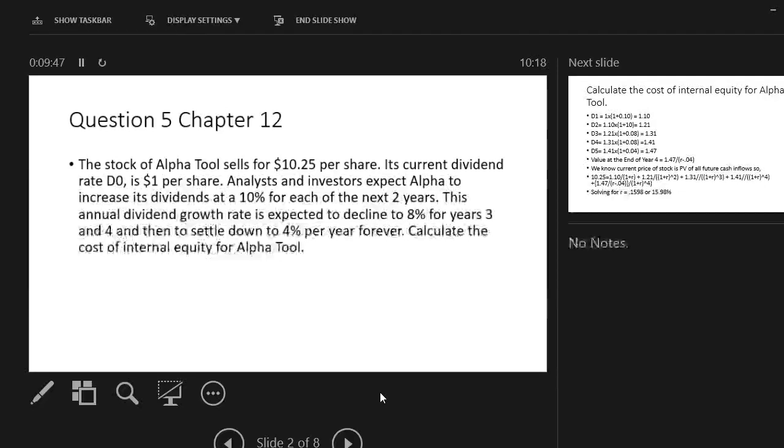So now if you look at this kind of question, it's talking about a dividend that is growing at different growth rates for different years. Because of the difference in the growth rates, we really cannot use the common formula of what we normally have. I'll put it on the board.